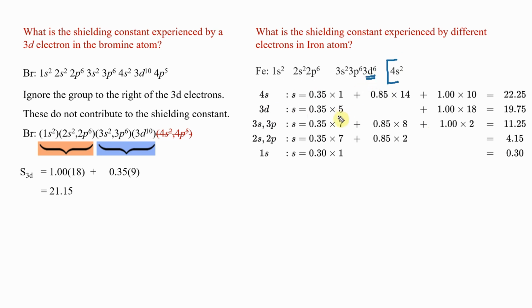There are 6 electrons, so 5 will shield. So I have this, and everything else is considered just like our case right here. These two look like n, but not for Slater's rule, understand. Accordingly you can calculate. When looking at 3s and 3p, I can ignore all this. There are 6 plus 2, 8 electrons, so 7 of them will shield. And then this is n, this is n minus 1. n minus 1 is 0.85, 8 electrons. n minus 2 is 2 electrons. For 2s and 2p it's much simpler.